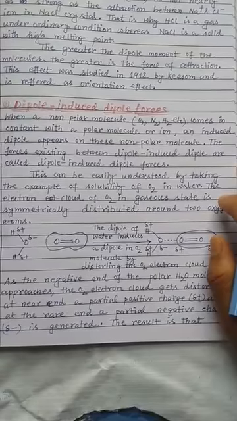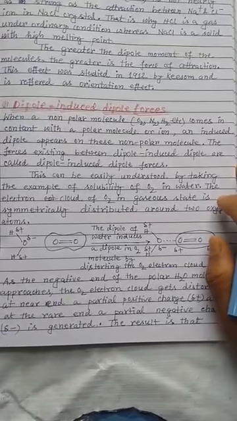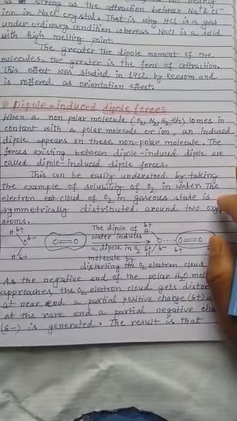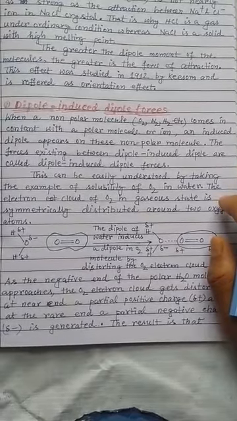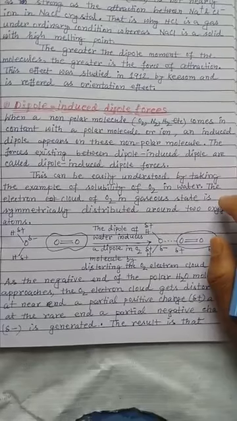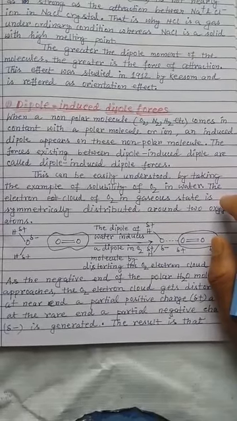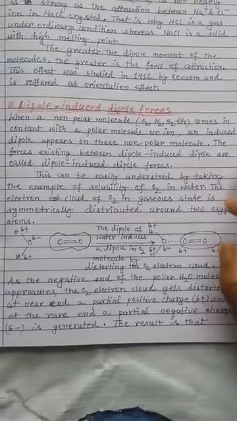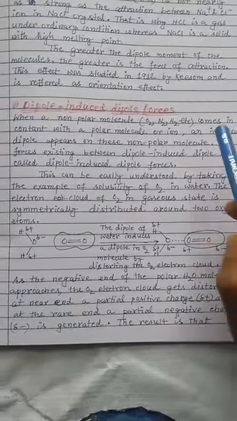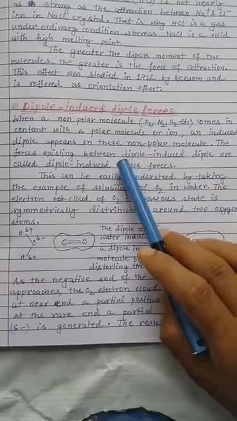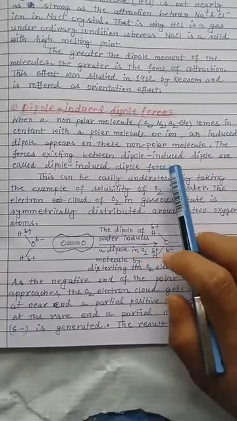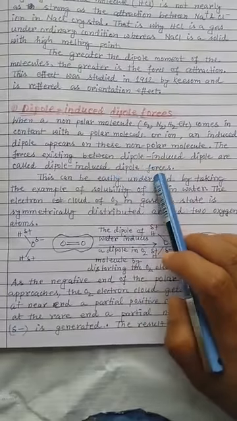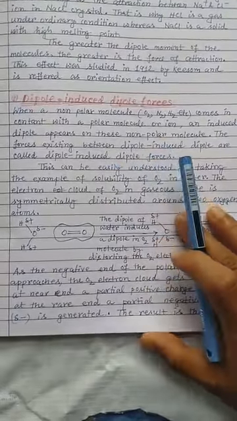There is some attraction force operating, and this type of force is what we name dipole-induced dipole attraction forces. The force existing between the dipole and induced dipoles is called the dipole-induced dipole force.